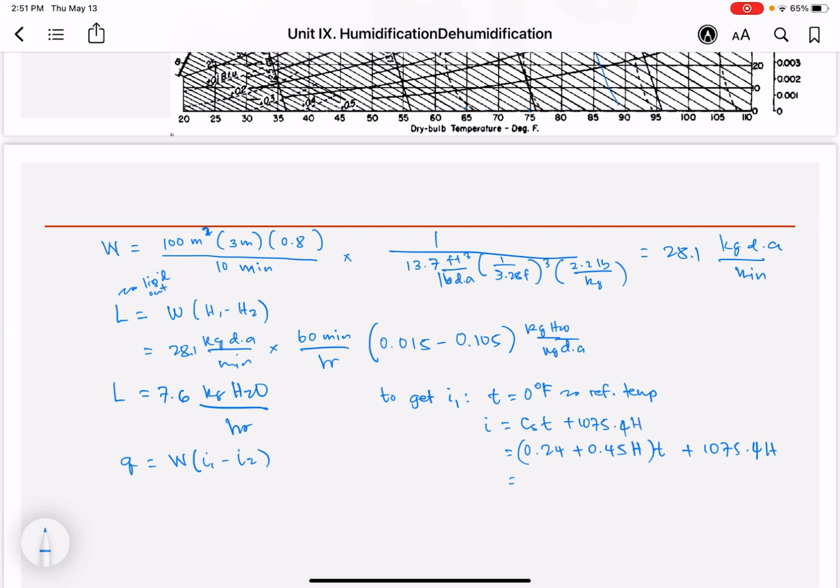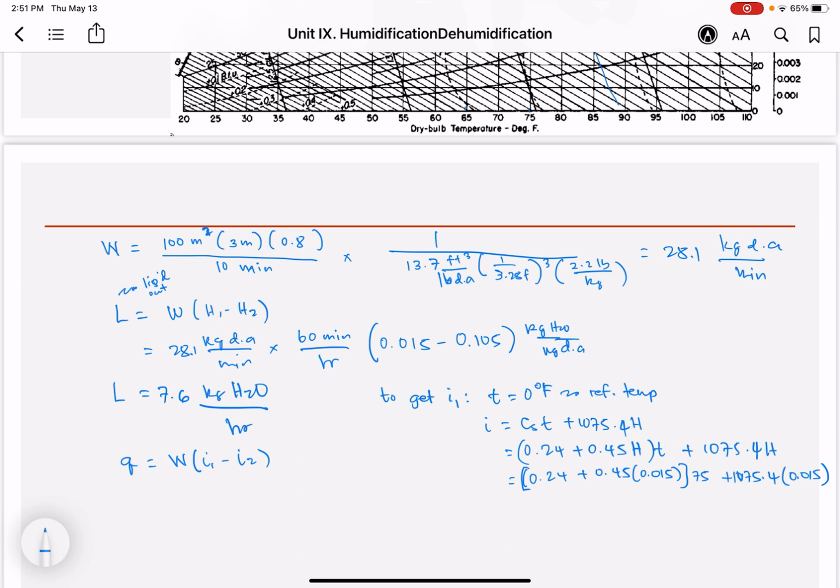So we know already the temperature T1 is 75 degrees, your H is 0.015, so just plot the values. So that's 0.24 plus 0.45 times your H1, which is 0.015, multiplied by T1, which is 75, since 0 is the reference temperature we chose. So that's just 75 degrees F plus 1075.4 times 0.015.